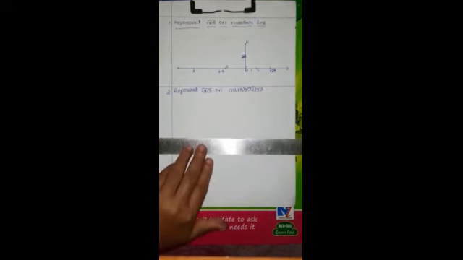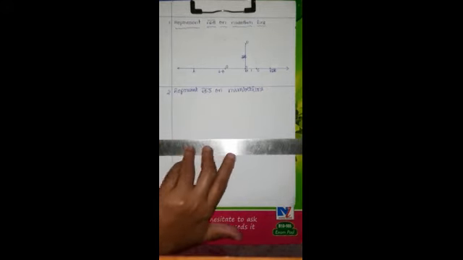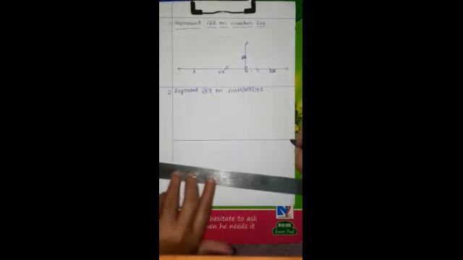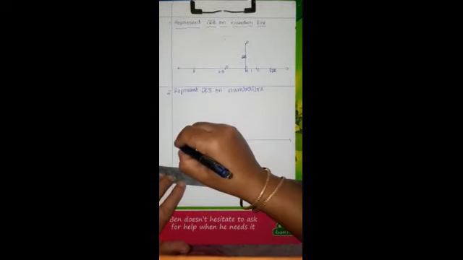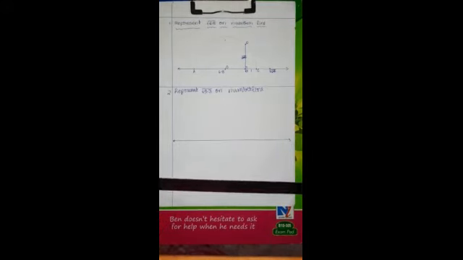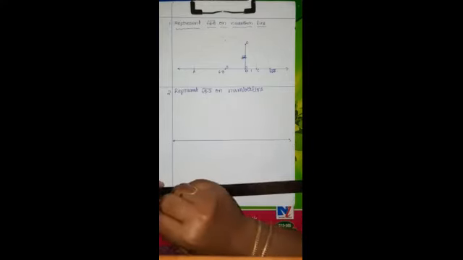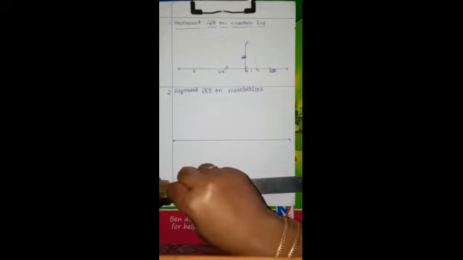First, draw a number line. Now, take AB as 9.3 unit as line segment AB on the number line, 9.3 centimeter.